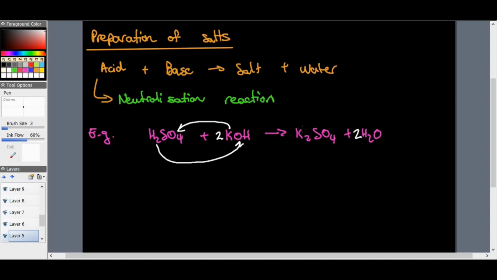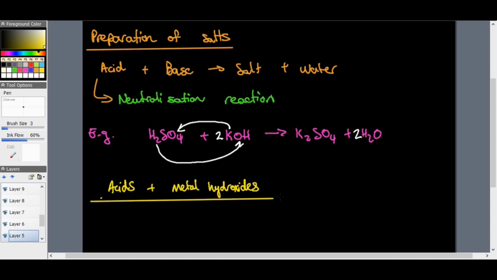Sometimes acids can react with metal hydroxide. That's another section. What happens when we get an acid that reacts with metal hydroxide? What do we get? I think we might have stumbled upon these in grade 10.